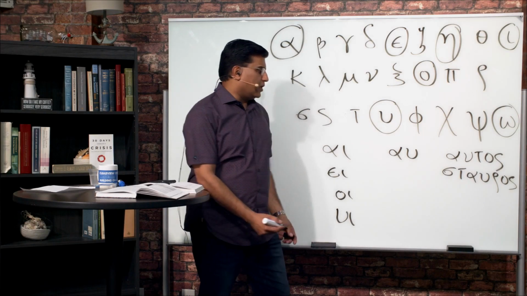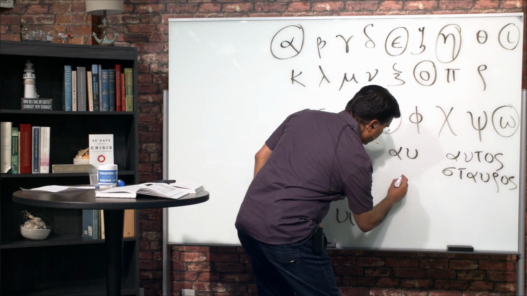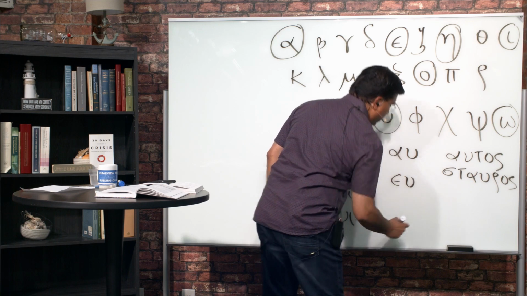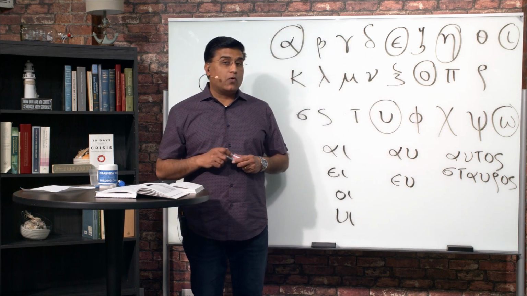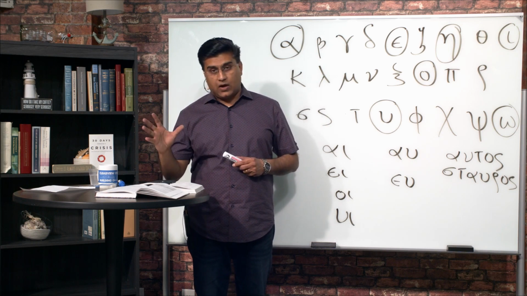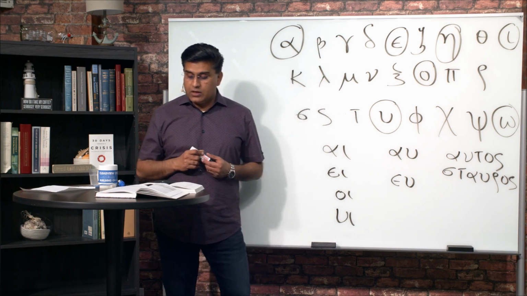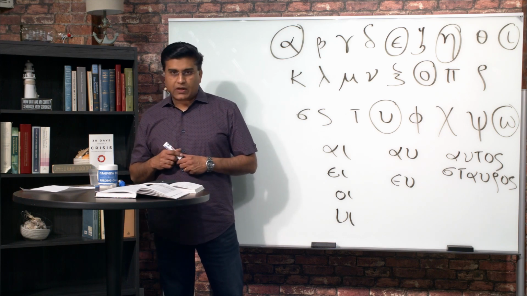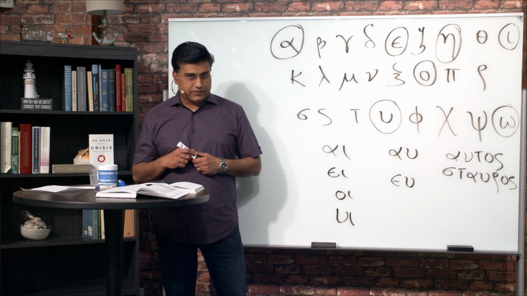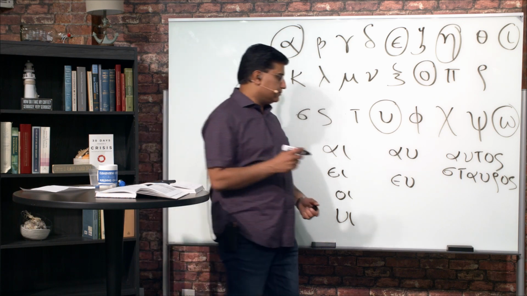But let's look at another diphthong. Epsilon and upsilon together, or e and u. If it's before an unvoiced sound, then it's like ef. For example, the word eucharisto.